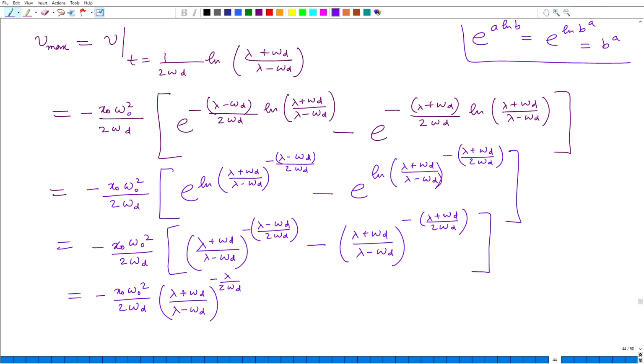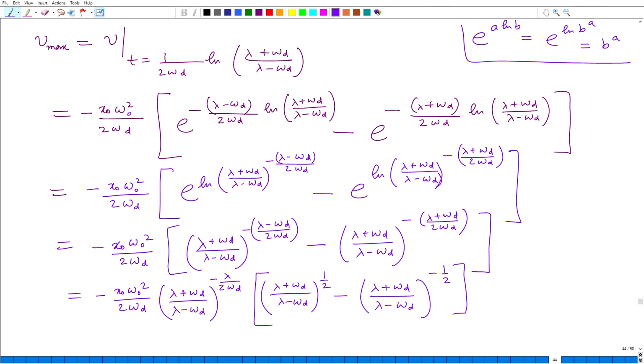That you can take common from both sides, and from the first term you will still have lambda plus omega d by lambda minus omega d to the power. So, that should be plus omega d by 2 omega d, which will be plus half, then there will be a minus sign, and I will have lambda plus omega d by lambda minus omega d. Here again you will have minus half.